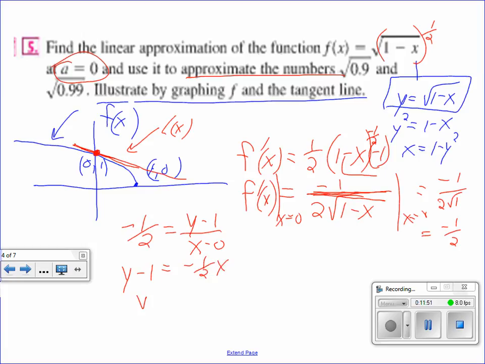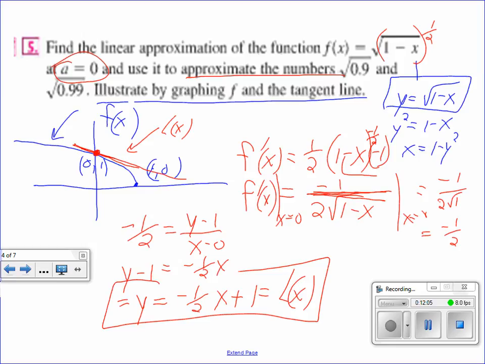And I could say y is equal to simply -1/2 x plus 1. This might be what I call L of x. There is my linear approximation. So I found the linear approximation. That is my red line here.